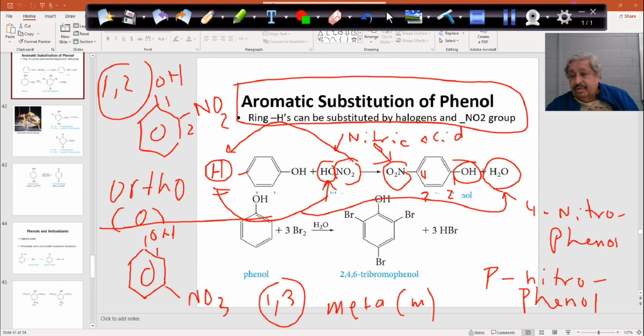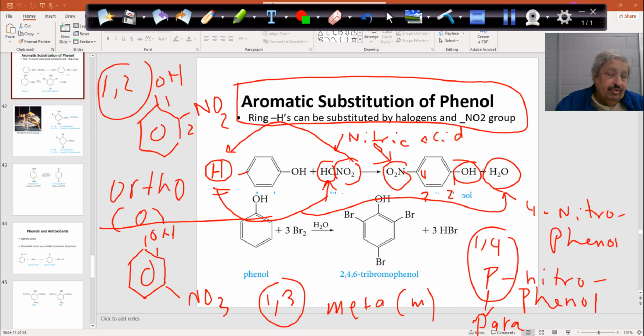This one here is 1, 4, called para. So you have 3 types of position of the substituents on the phenol ring: ortho is 1, 2, meta is 1, 3, and para is 1, 4.